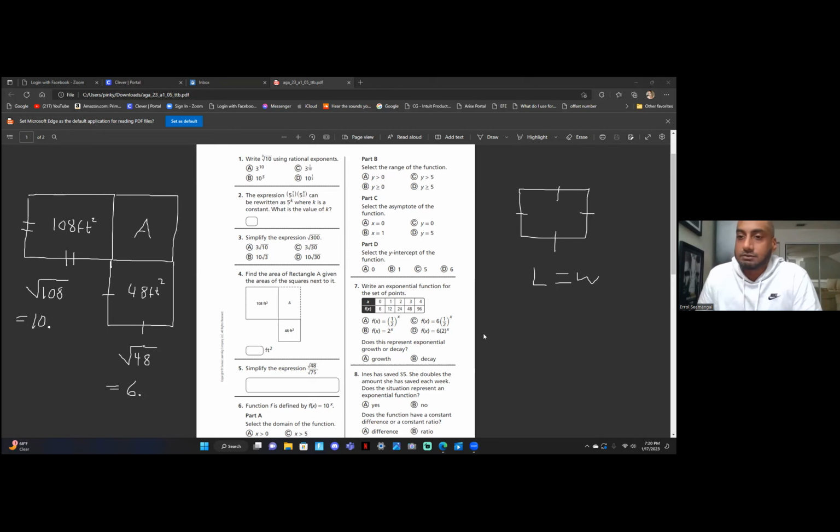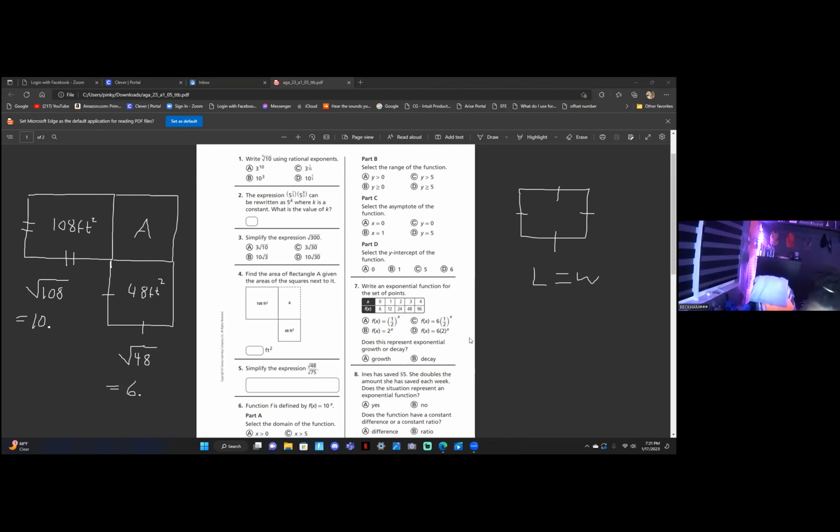I can't even see that. Let me check my phone. It won't focus properly. Oh, I see what you're saying. The one that says X underneath and Y on the outside? Write 48 and then that one. No, that's not it, my bad. The one with X underneath and 2 on the outside. That one, okay.